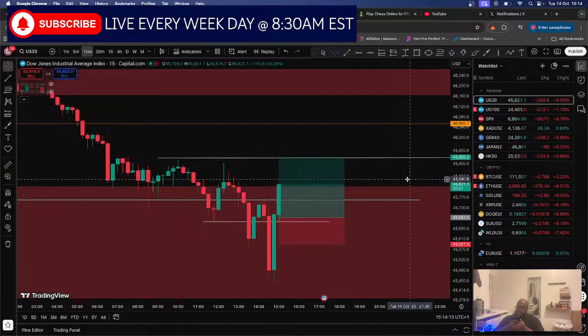Less than a minute left. We're seeing the intent come in. Around 20 seconds left till the candle closes.